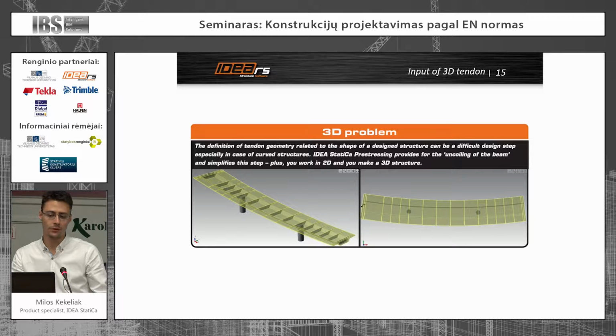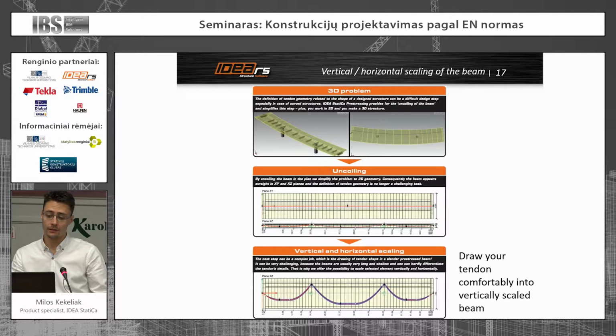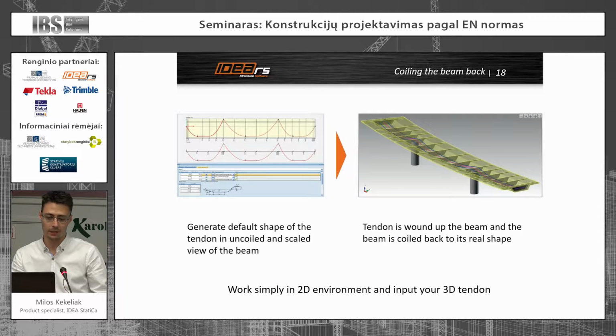I can show the example of a 3D problem, a bridge structure that has a curved shape, where inputting a pre-stressing tendon into such a structure can be quite difficult. So this problem is solved in the StatiCa beam pre-stressing module by uncoiling the 3D plane of a tendon into a two-dimensional plane, and the structural engineer can input this geometry of a three-dimensional tendon as a two-dimensional problem, so as a plane problem.